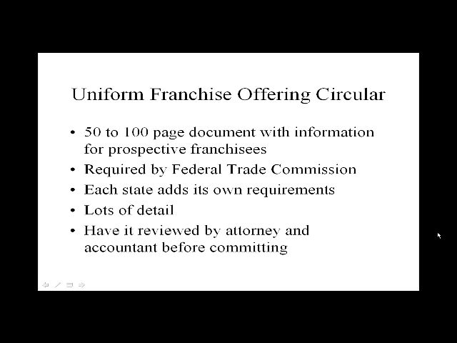It's required by the Federal Trade Commission, plus each state that the franchisor intends to put stores or operations into, in other words, get franchisees in that state. Each state adds its own requirements from its own business boards and commissions and licensing regulations. It has all kinds of detail about the founders, the finances, any lawsuits, any complaints.